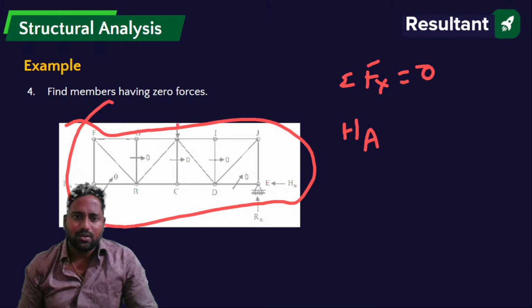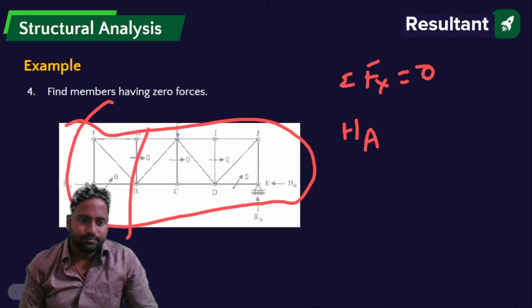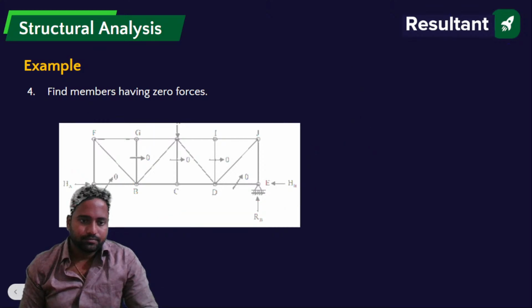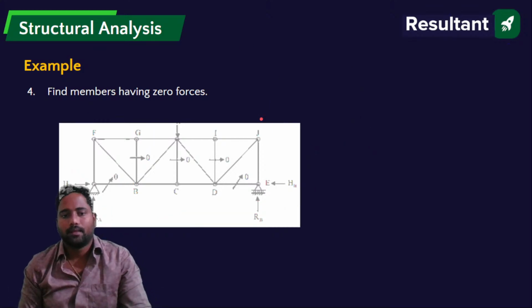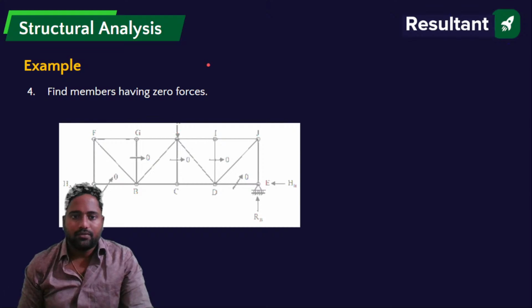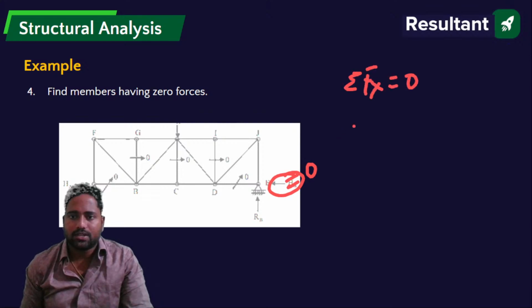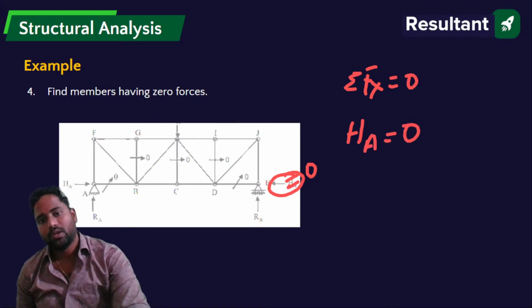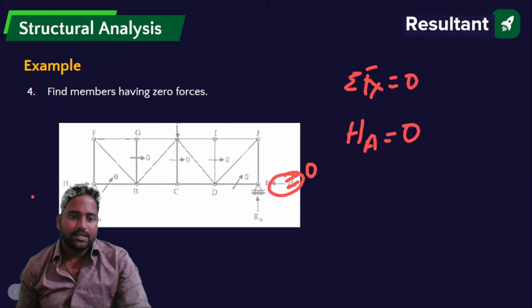There is only a horizontal reaction at A. Horizontal reaction at E would be 0 because that is a roller support. So if I take summation of forces in x direction equals to 0, HA would also be 0.